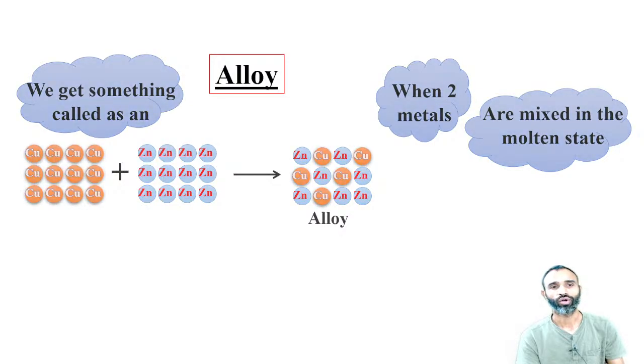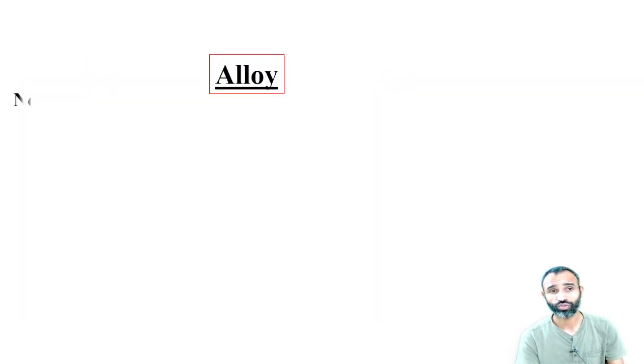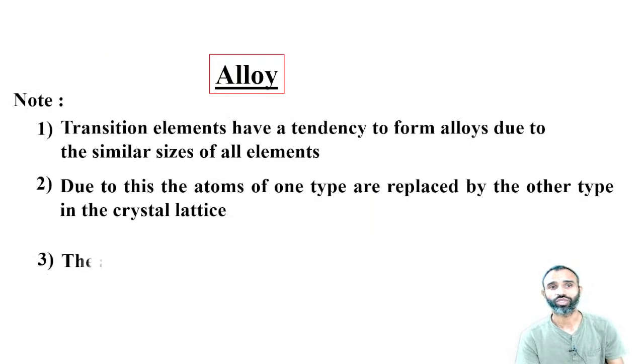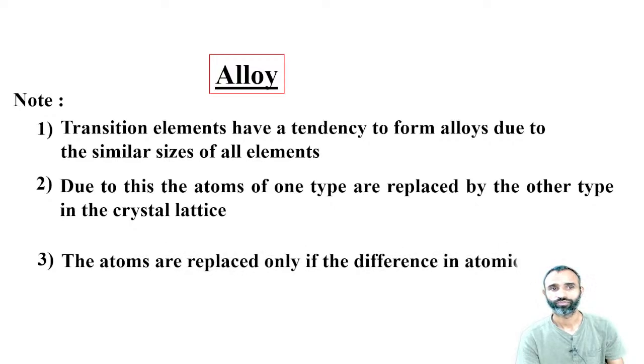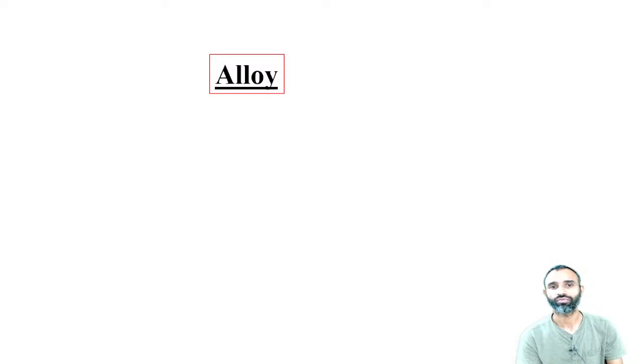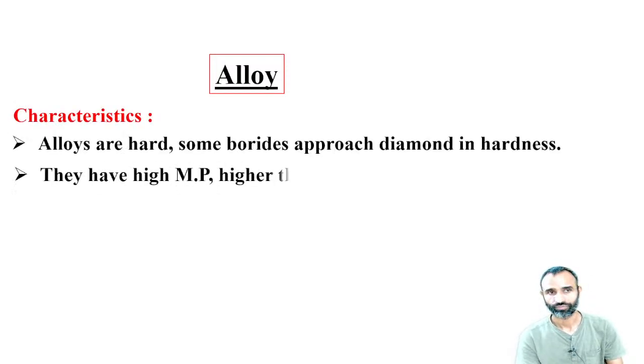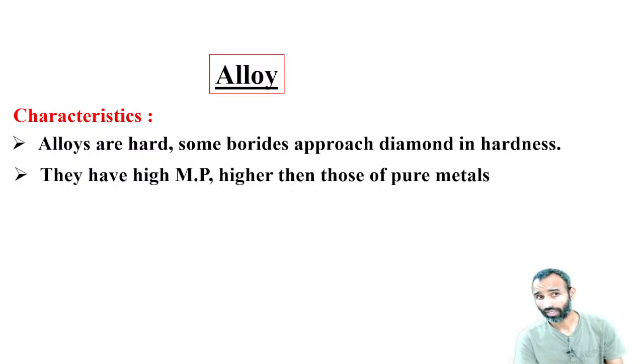Alloy: when atoms have almost the same size, then there is formation of alloy. Due to similar sizes, atoms of one type can be replaced by another if there is a difference in size of plus minus 15%. Alloys are hard, some borides approach diamond in hardness, even harder than diamond.